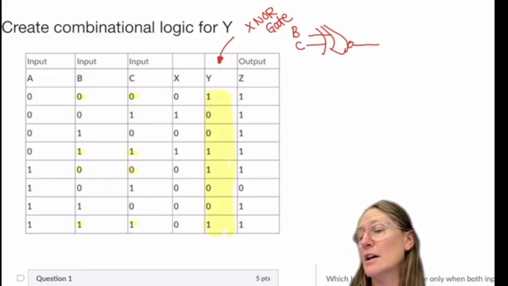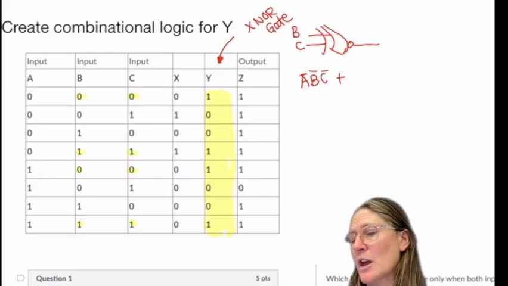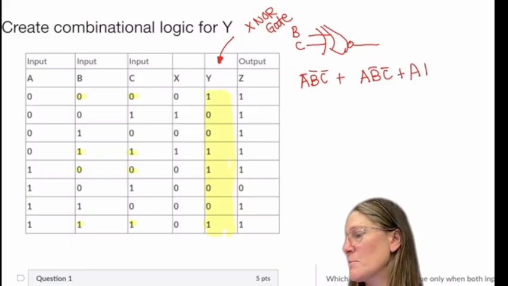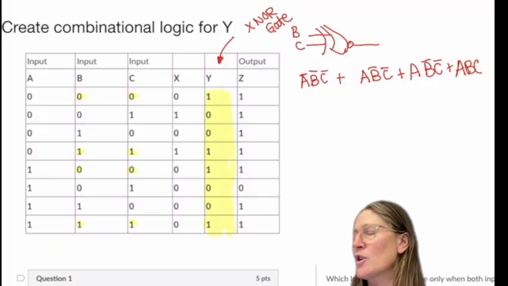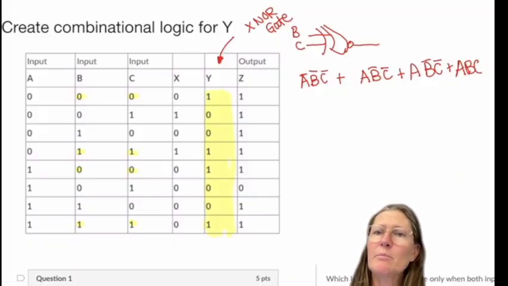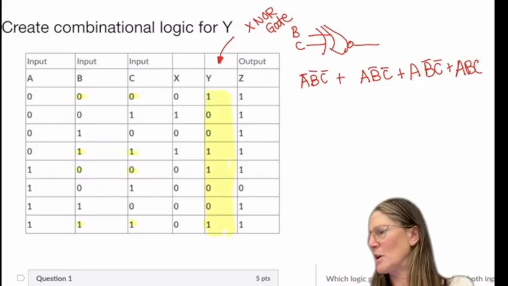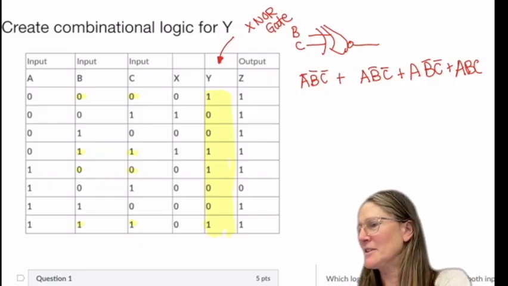If you don't see that, you could also implement this as A bar, B bar, C bar, ORed with A, B bar, C bar, or A bar, B, C, or ABC. Sorry, I missed A bar, B, C. You could then simplify these by combining those.